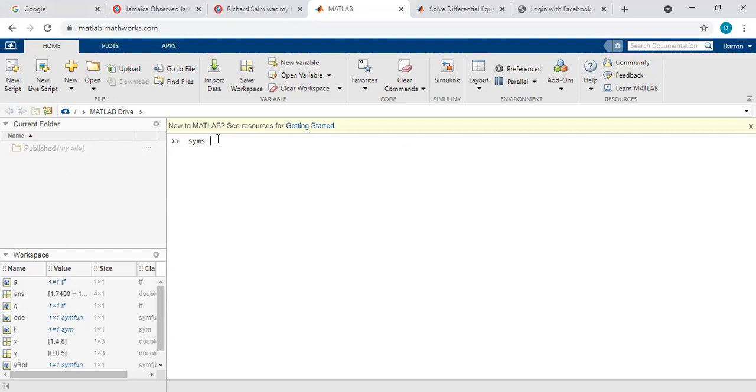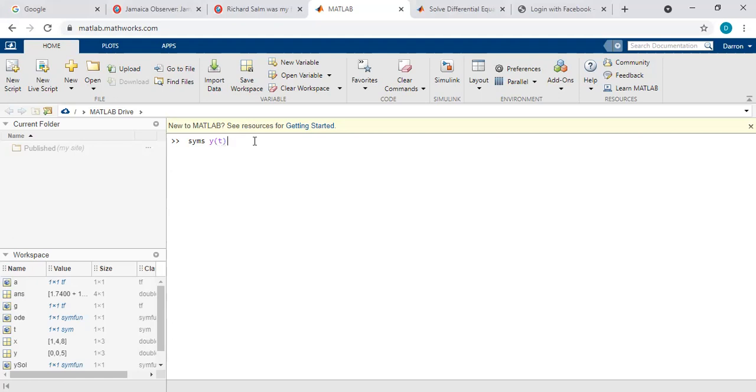And the function that we have is y of t. So what we're working with is a function that we're going to call y of t. We're going to take dy dt and so forth. So we declare it as y of t.